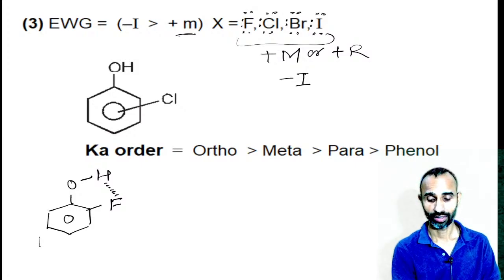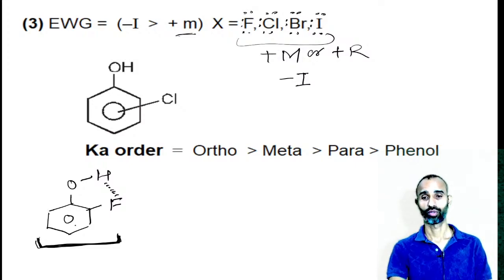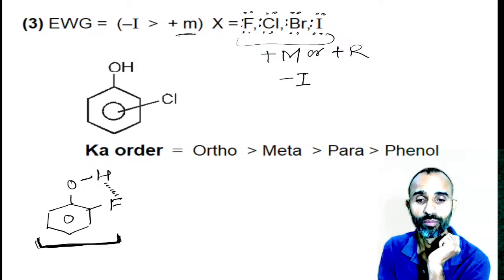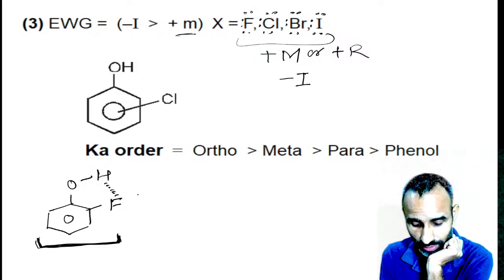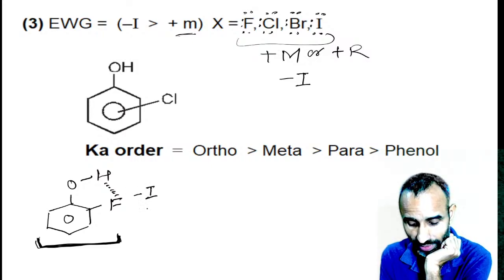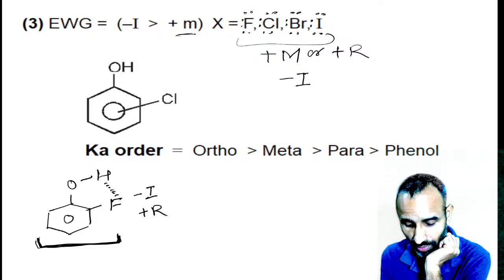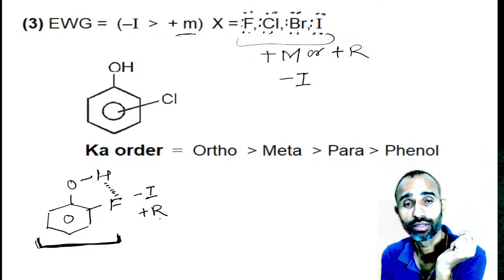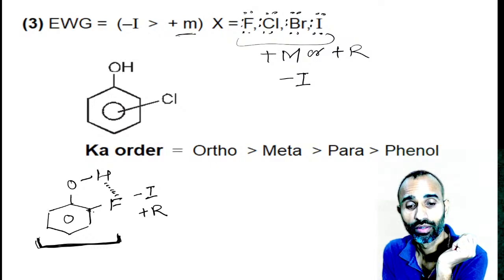Then ortho fluorophenol is almost close to phenol itself, because there is more minus I, but at the same time plus R is also very large, because here there is 2p and 2p overlapping.